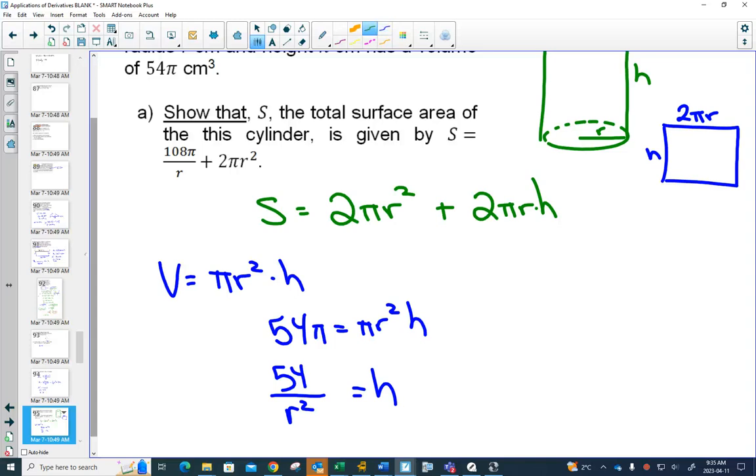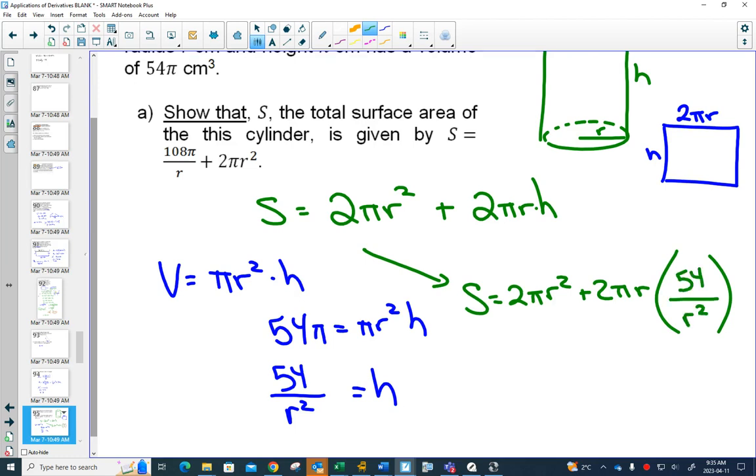This allows me to rewrite this, but instead of writing h, I can substitute in 54 over r squared, and multiplying this out gives me that 108 pi over r.